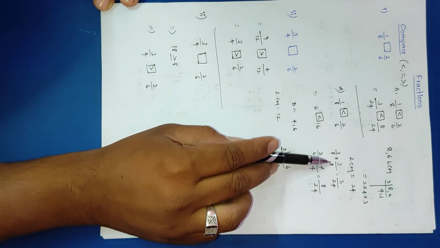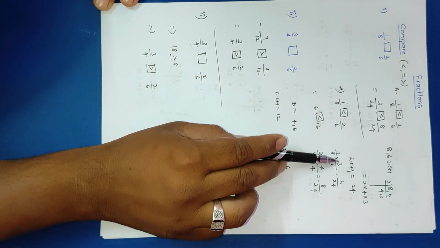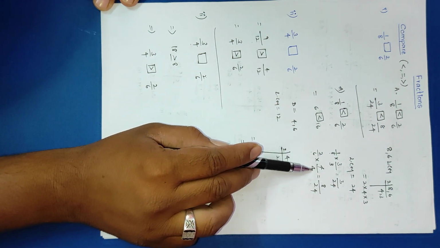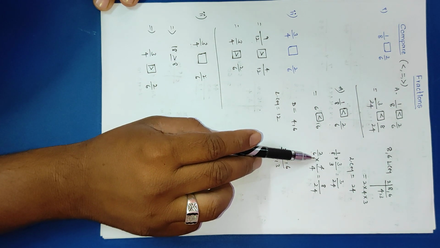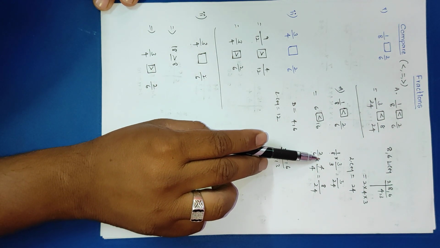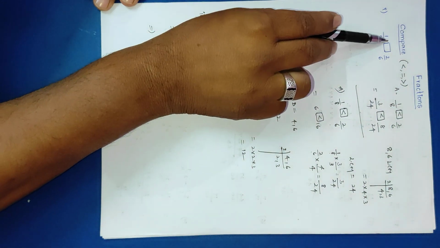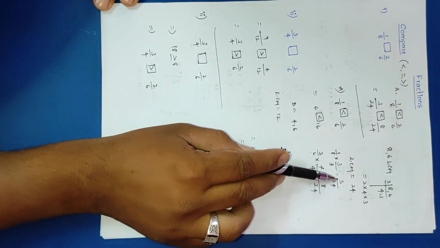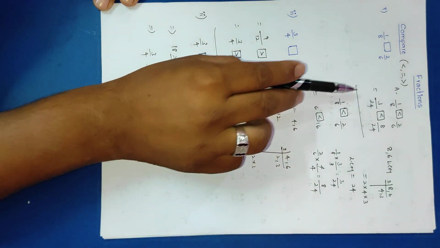In multiples of 8, 8 3s are 24, so multiply by 3. 6 4s are 24. When we multiply the denominator by any number, we must multiply the numerator by the same number. So 1 3s are 3, and 2 4s are 8. Instead of 1/8, 3/24. Instead of 2/6, 8/24.